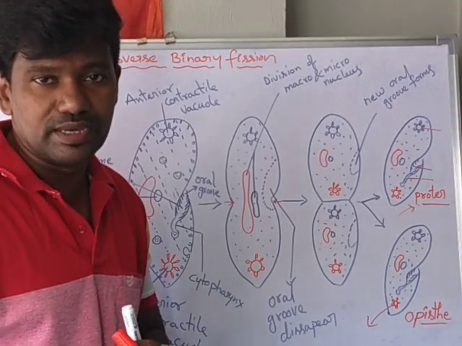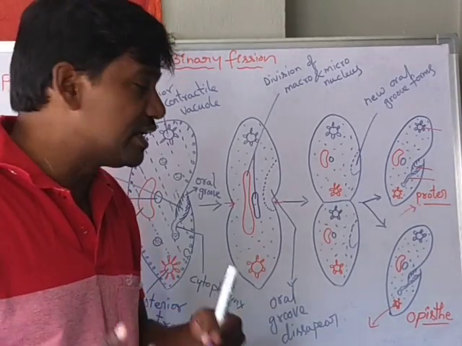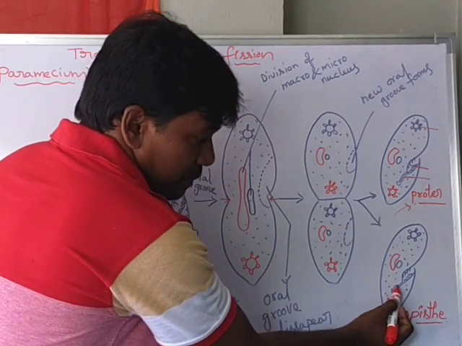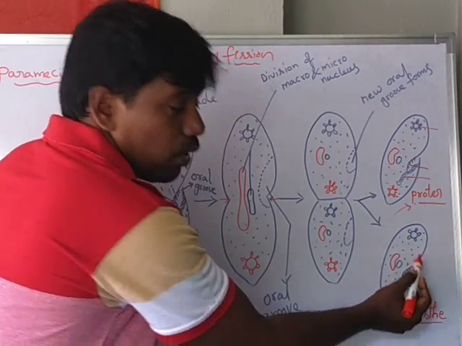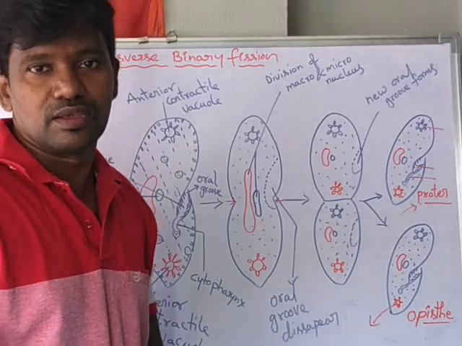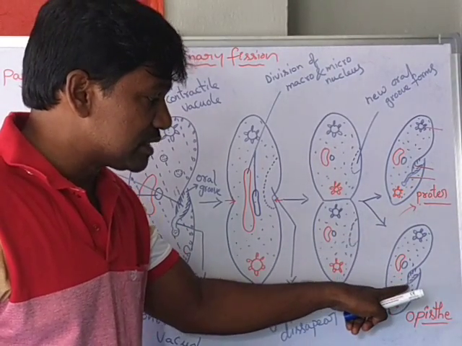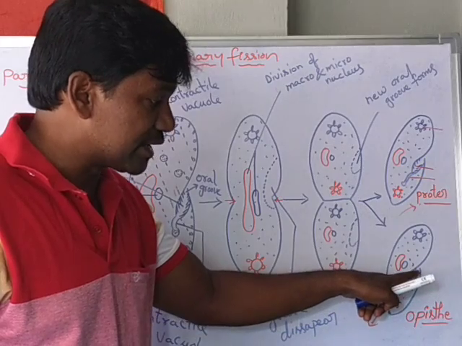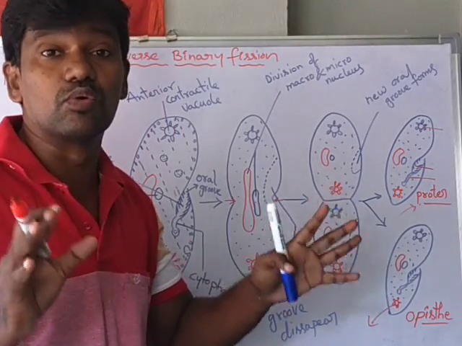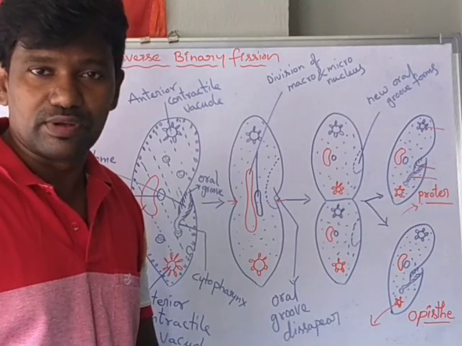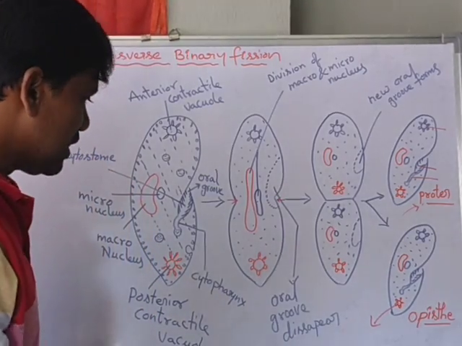But it newly forms the anterior contractile vacuole, cytopharynx, cytostome and oral groove. This is about the opisthe. Are you clear?